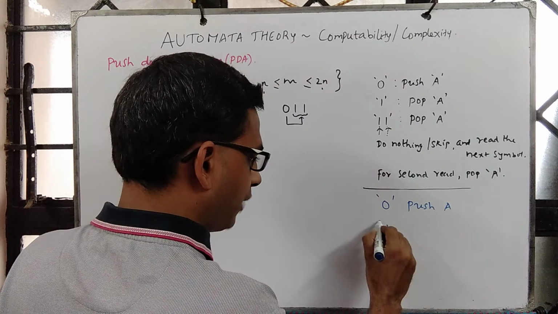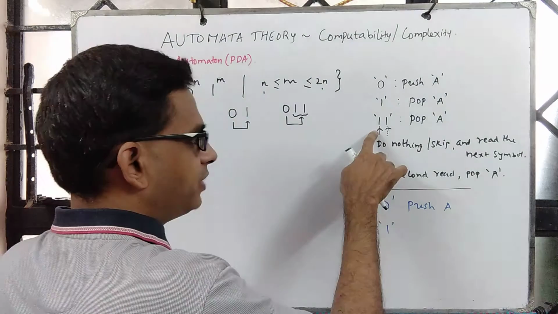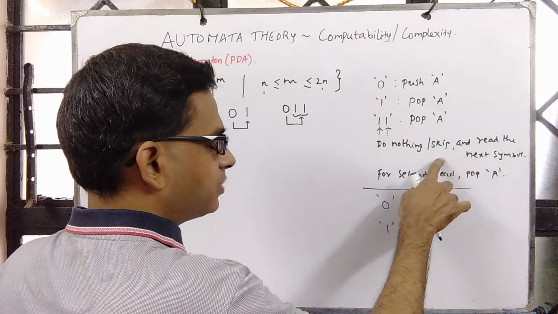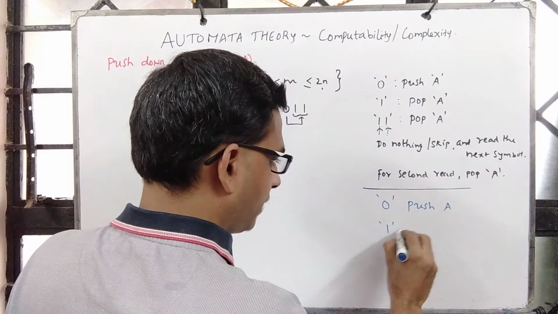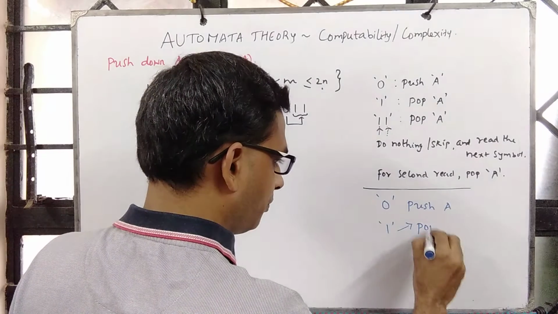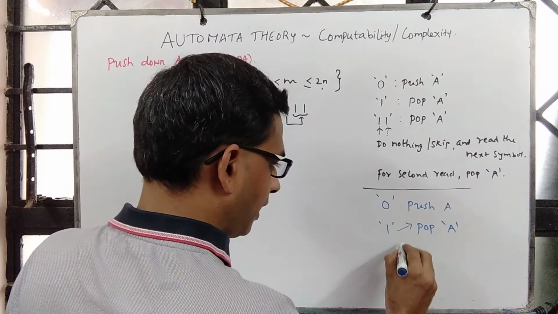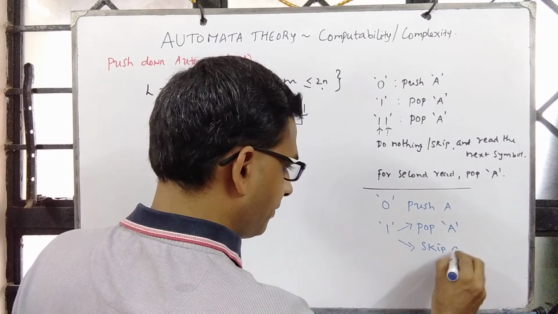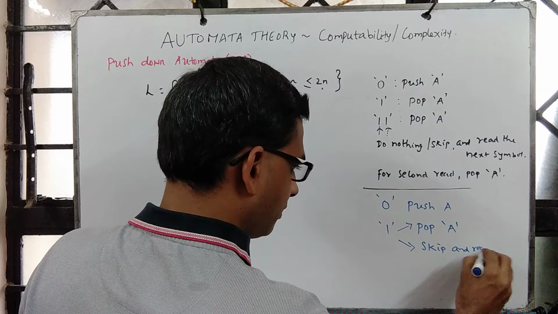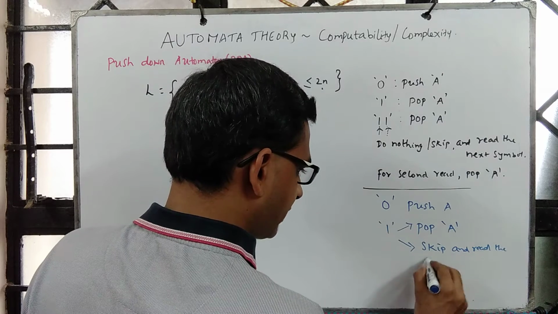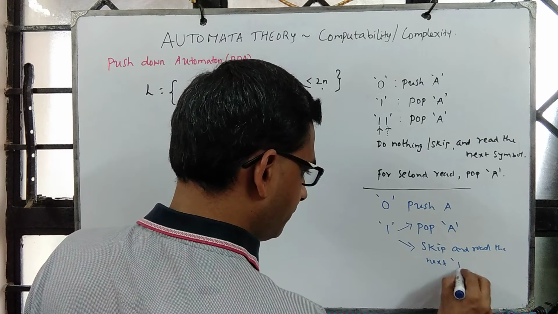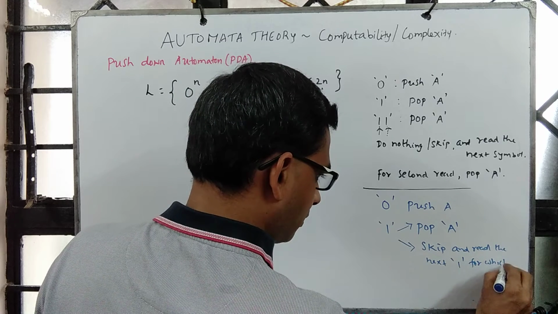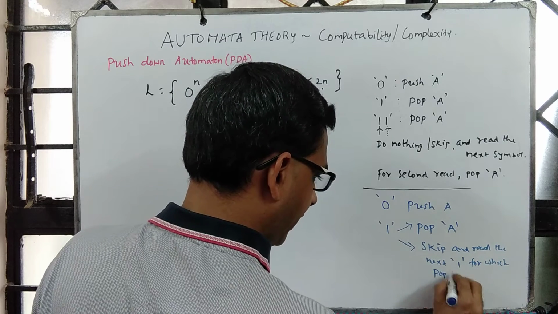When you read a 1, there are two things. This says pop, this says you skip, do nothing. So one says you pop A, another says you skip and read the next one, and for that one, pop A.